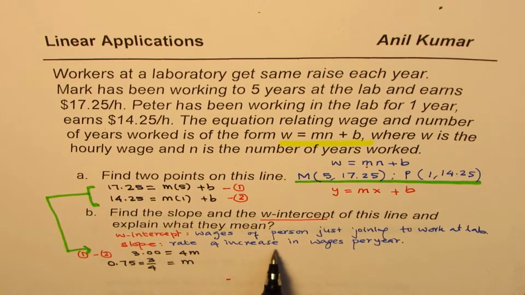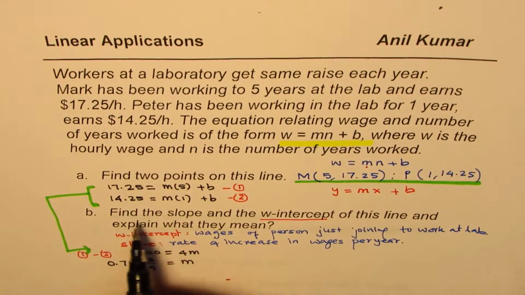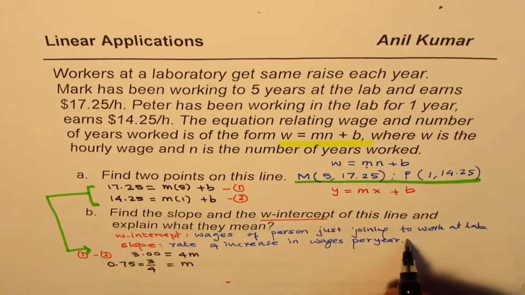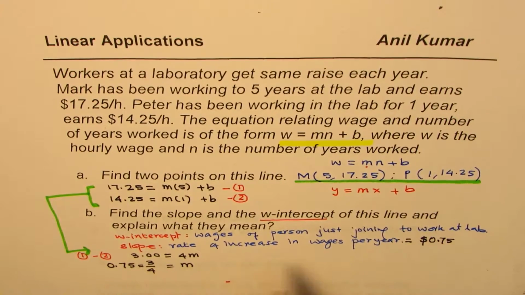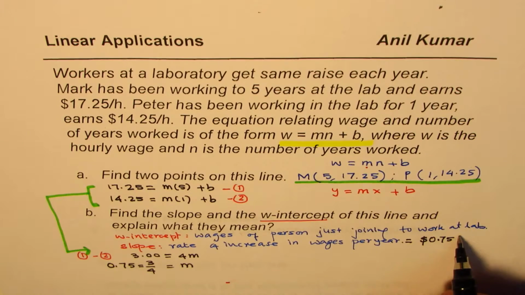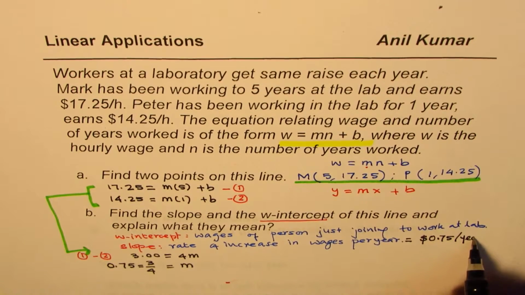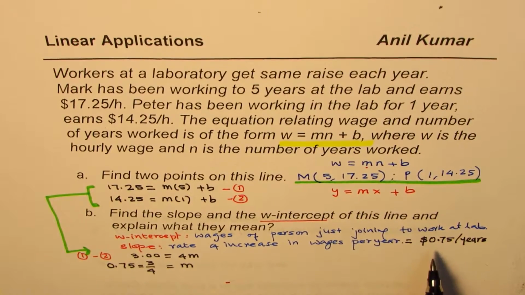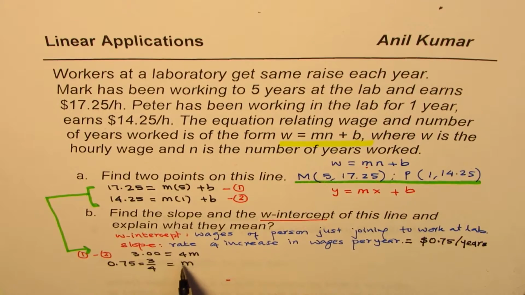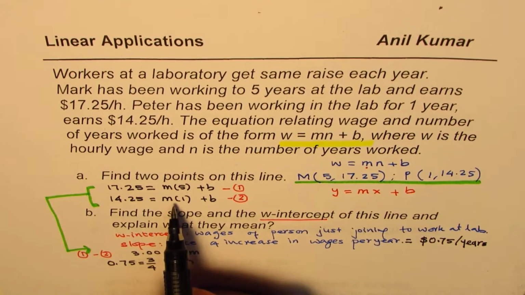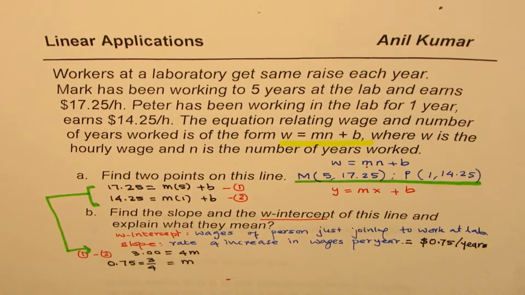Slope is the rate of change in wages, which is 0.75 dollars per year. So every year the wages will increase by 75 cents. That's what it means. Once you find m, you can substitute this value in any one of your equations and find the y-intercept b.